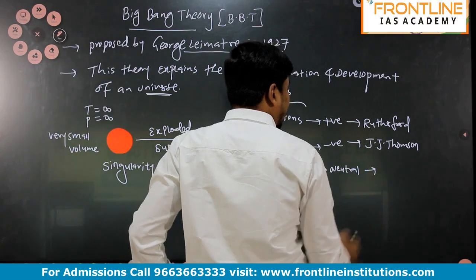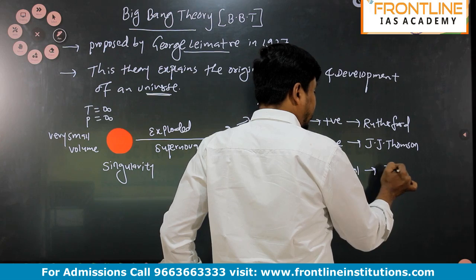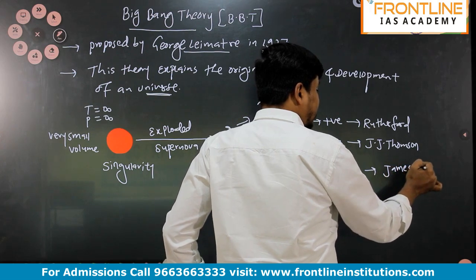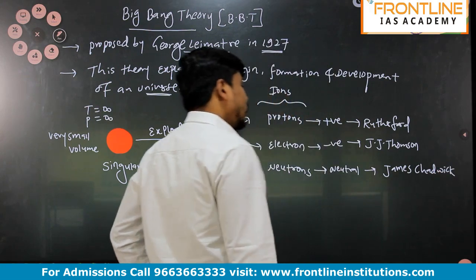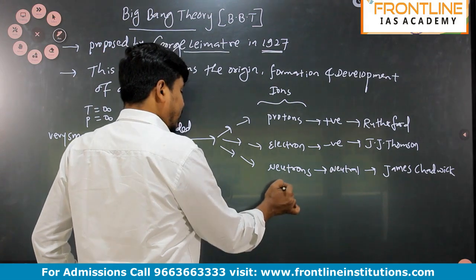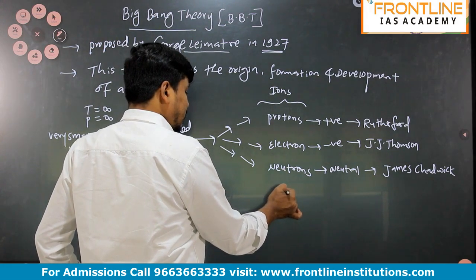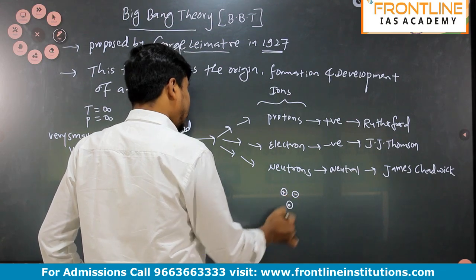And neutrons were discovered by Professor James Chadwick. Rutherford, J.J. Thomson, Professor James Chadwick. So there are three particles: proton, positive charge; electron, negative charge; and neutron, no charge.